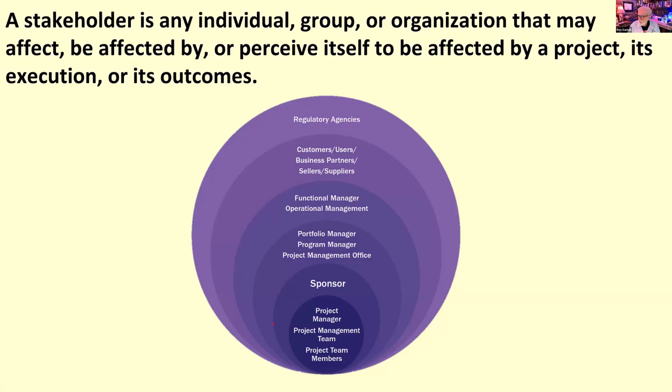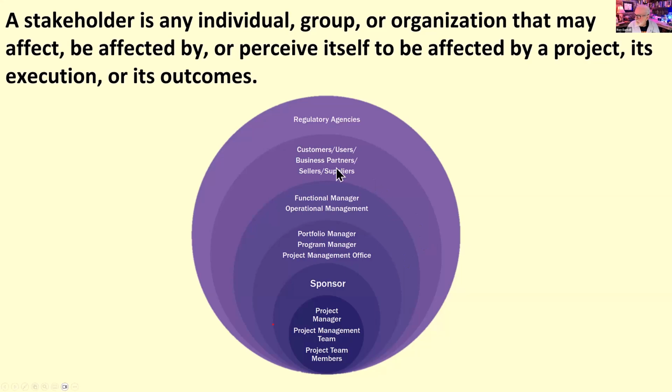And the idea is that this onion is structured by their relative ability to influence what's going on in the project. So people closest to the project tend to have the most direct control or influence over what's going on, and those outside tend to have less daily interaction and less influence. But they can still stop a project through some kind of regulation, accepting the deliverables, or some kind of public pressure.